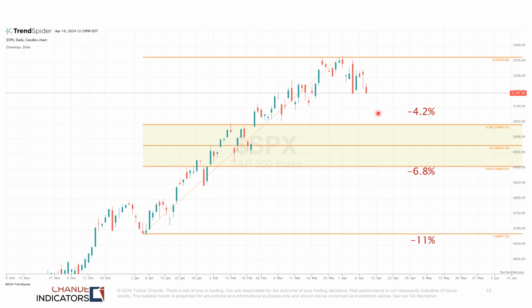If you're looking for a deeper pullback, it could come down to the January lows, which would be a reasonable Fibonacci pullback if you went back all the way to the October lows, and that would be about an 11% pullback. So these are just reference numbers to calibrate declines that would be consistent with historical market action.